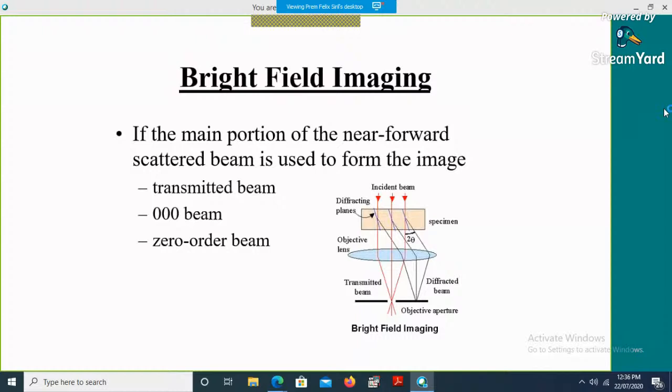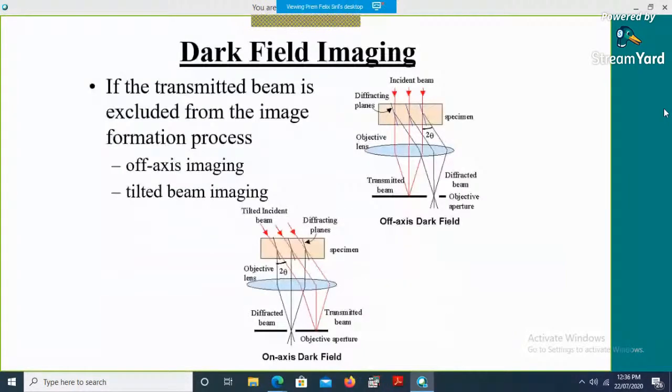The transmitted electrons go through the sample without getting scattered, and if you capture and collect those electrons, it is called the bright field image. So in a bright field image, the transmitted beam is used for constructing the image.